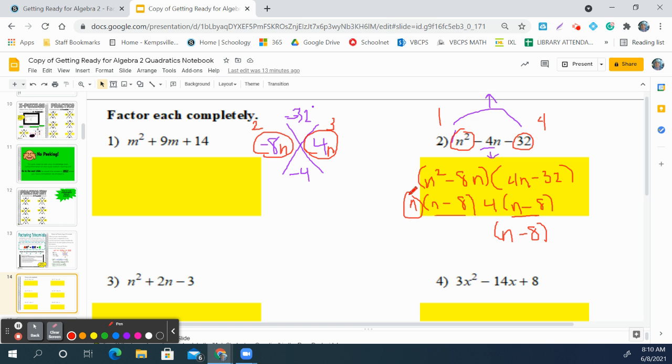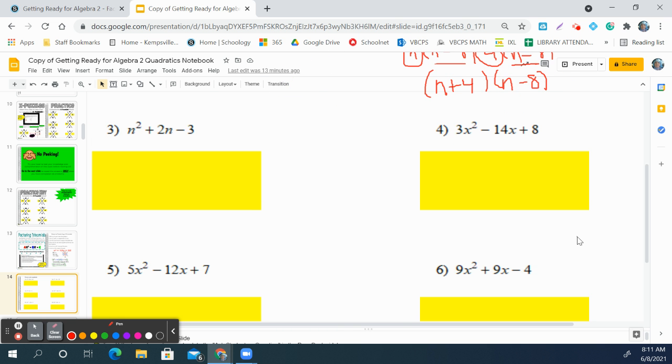And then you take the n and the 4 and you put those together in the first set of parentheses: n plus 4. I sometimes, Kaylee, forget to put the variables in there too, like this one and this one. It's a lot of steps, and there are some easier ways to factor, but this way will work every time.